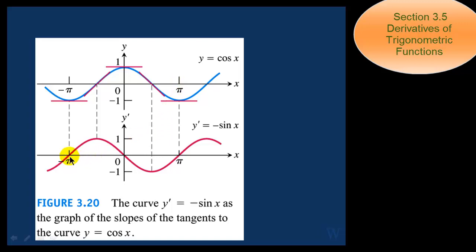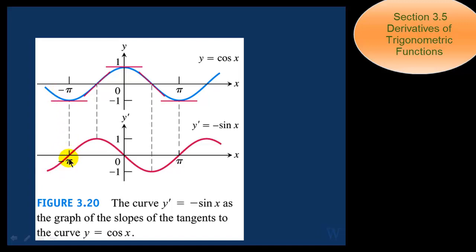So then we mark the derivative function by the x-intercepts at minus pi, 0, and pi. Okay, so from here we see that the slopes of the lines tangent to the curve are negative, therefore the function of the derivative would be negative.